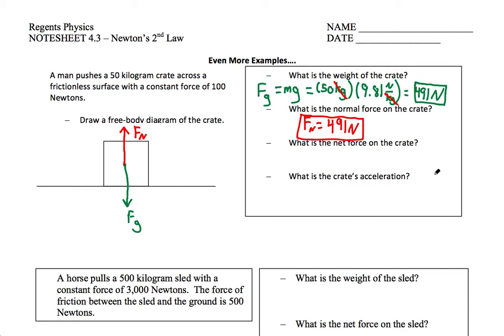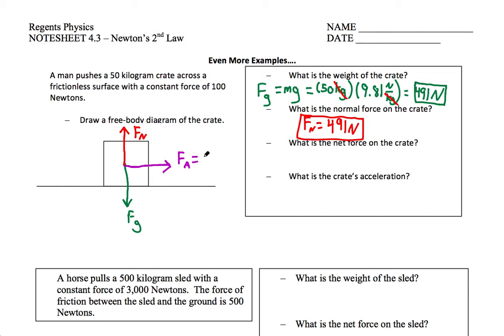The net force on the crate: now we've got to start looking at what's going on horizontally. So I've got the 50 kilogram crate, my normal force going up, force of gravity going down, and then we've got a constant force of 100 newtons. Like the man is pushing, that's an applied force, and it doesn't say what direction, but I'm going to say we're going off towards the right here. So that's an applied force because it's a push or a pull.